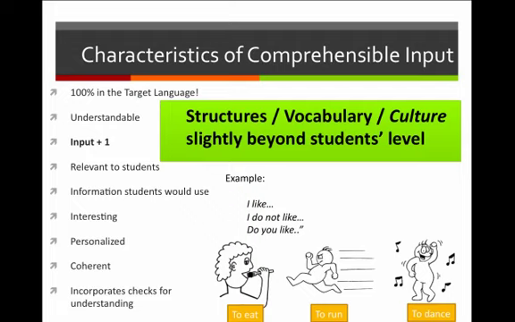Now, the teacher could do his or her comprehensible input in this way. For example, the teacher points to the picture to eat and says, I like to eat. I like to eat. To run. I like to run. Do I like to run? No, I do not like to run. Do I like to eat? Yes, I like to eat.